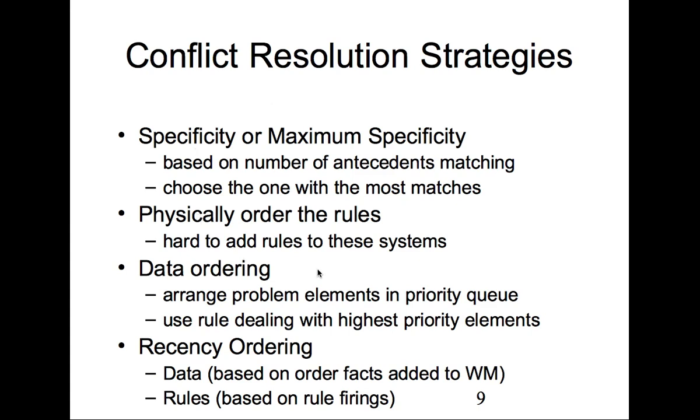Also, data ordering. How are you going to order the data? Which ones are going to come up first in the system? If I say, give me the best student in this class, and I went by alphabetical order, I might find a different student than if I went in reverse order, because I'm going to find the first best student that comes out, since I just want one.